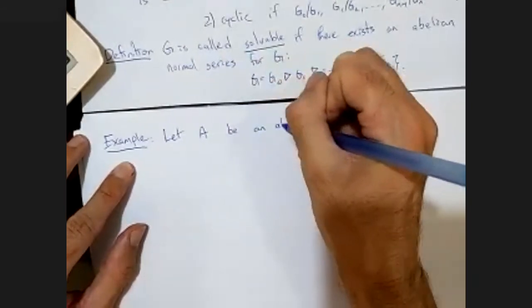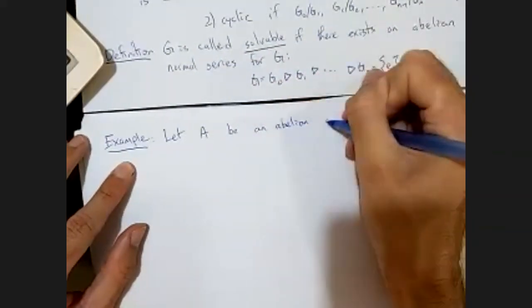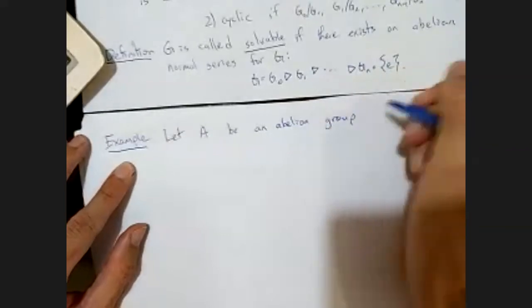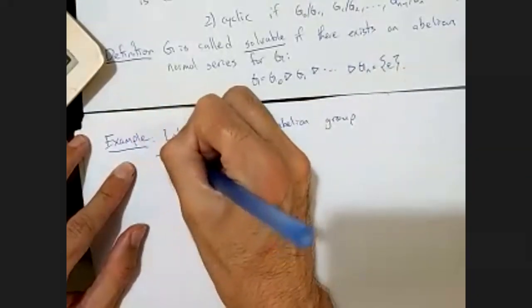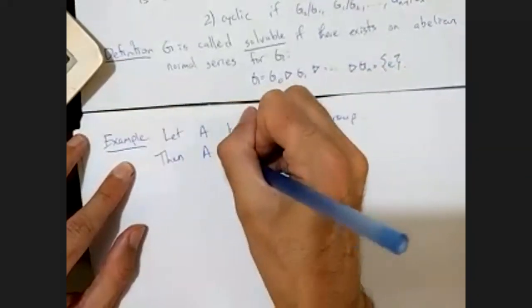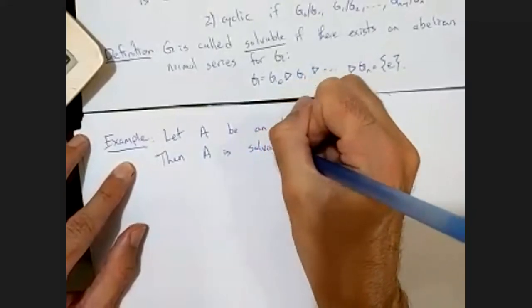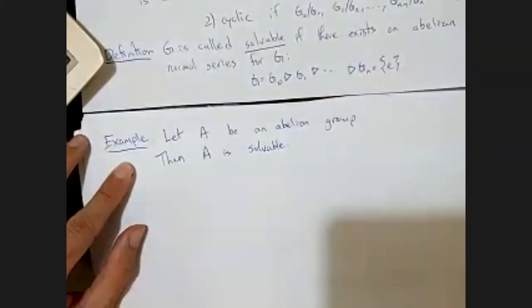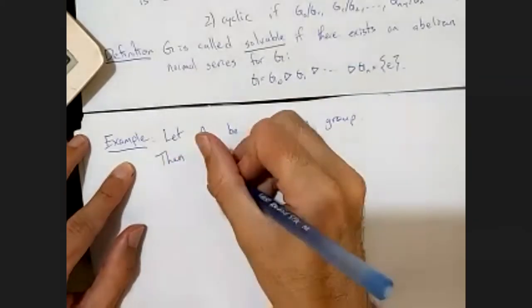Let's take an abelian group A. Then A is solvable. To see why, just write down the series.